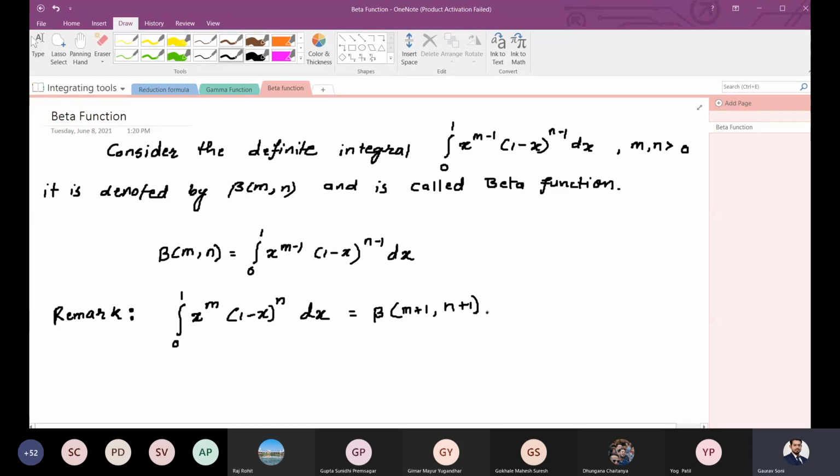Every integration will convert to this form, where we have a variable raised to a number, 1 minus the variable raised to another number, limits from 0 to 1, and then we can write the value as beta of m comma n. So now the properties of the beta function.